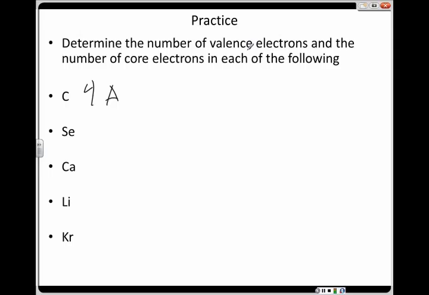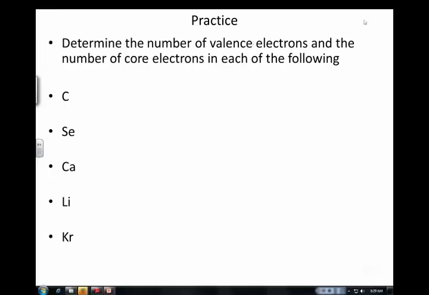So all we have to do is figure out how many total electrons carbon has, and if you subtract away the valence electrons, then you have the core electrons. Carbon has 6 total, 4 of which are valence. The remaining 2 must be core.